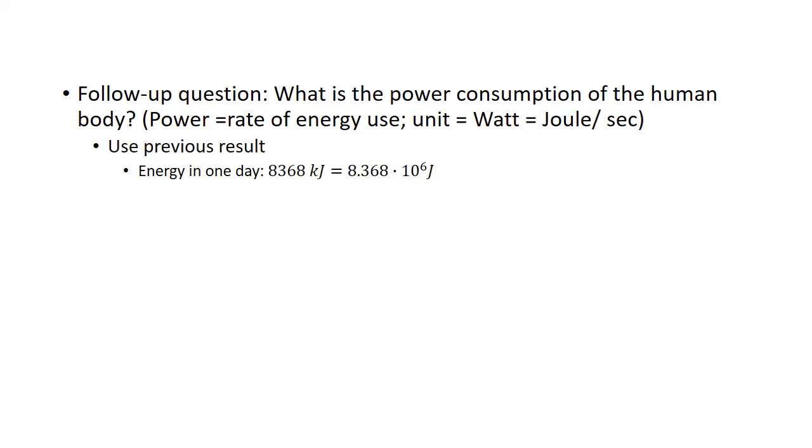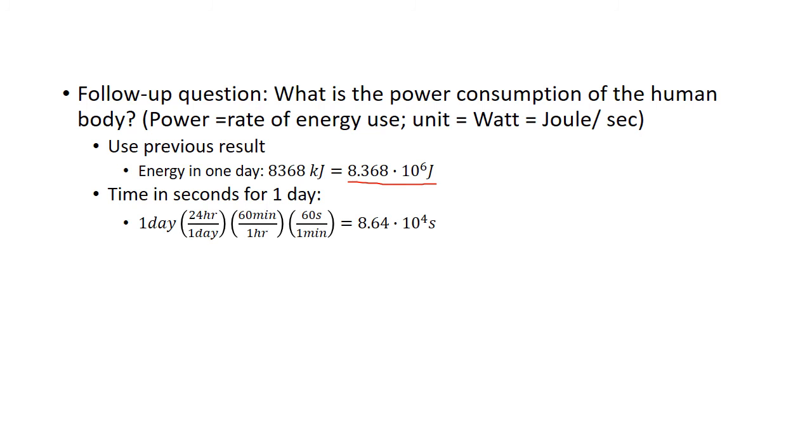Average. So I use the previous result. The energy in one day, 8,368 kilojoules. A kilojoule is 10 to the third joules. So if I convert into the standard unit, I get 8.368 times 10 to the sixth joules.